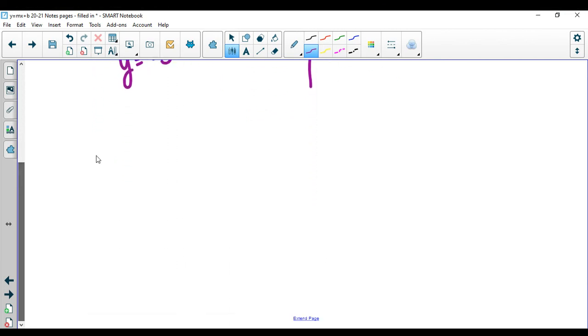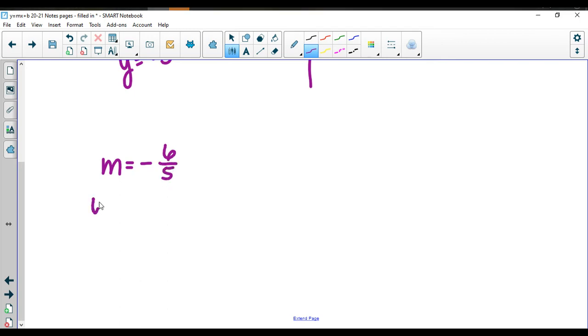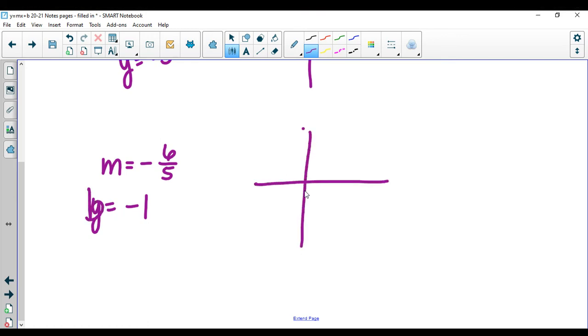For the next example, you have slope is -6/5, and your y-intercept is going to be -1. Should actually be a b there. So on my y-intercept down here at -1, my slope, I can move that negative up to the top, which is going to tell me to go down 6. 1, 2, 3, 4, 5, 6.